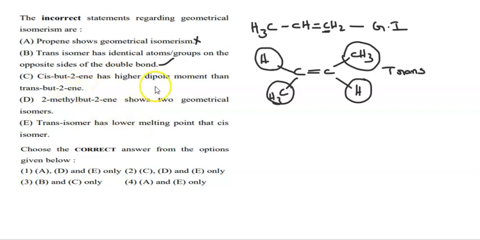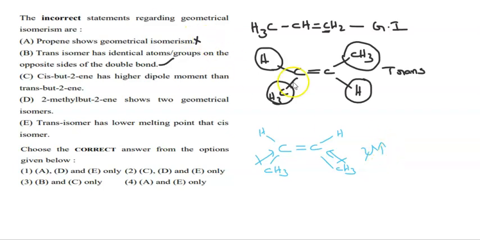And cis 2-butene has a higher dipole moment than the trans 2-butene. If I am going to take the cis, C double bond C, single bond CH3, single bond CH3, and here it is the hydrogen, and here it is the hydrogen. Methyl is an electron donating group. This methyl is also an electron donating group. Two are donating in the same direction, that's why it is having a higher dipole moment.